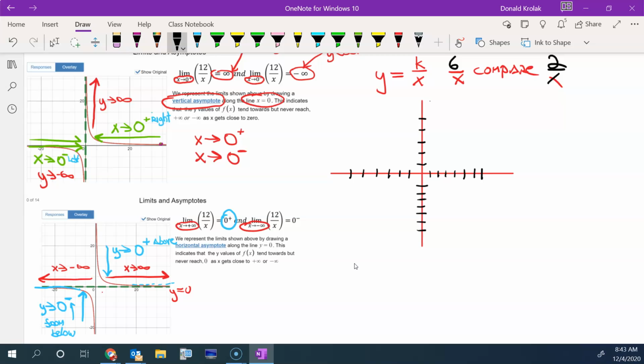Yeah, so 1, 6, and 6, 1, 2, 3, 3, 2. Okay, so it would look something like that. And then it'd have another side down here.